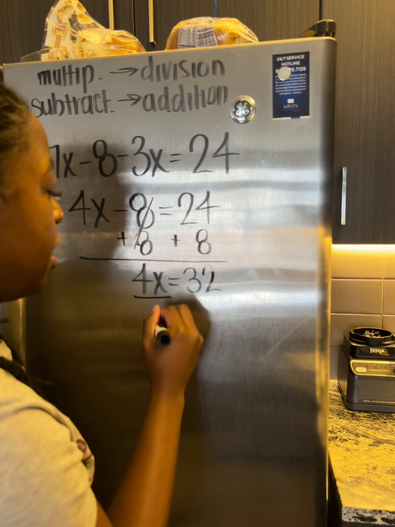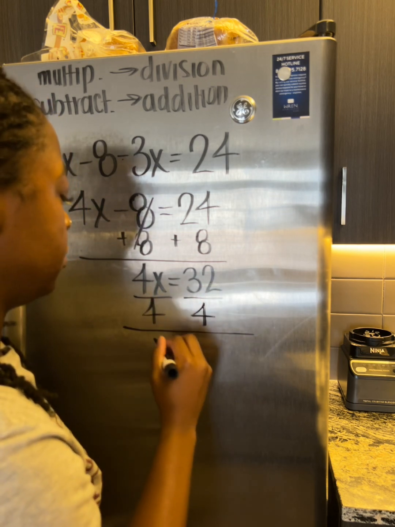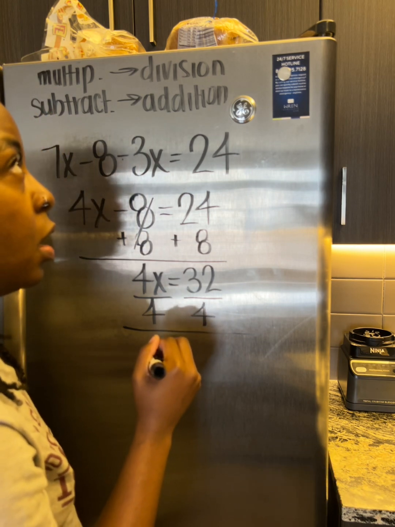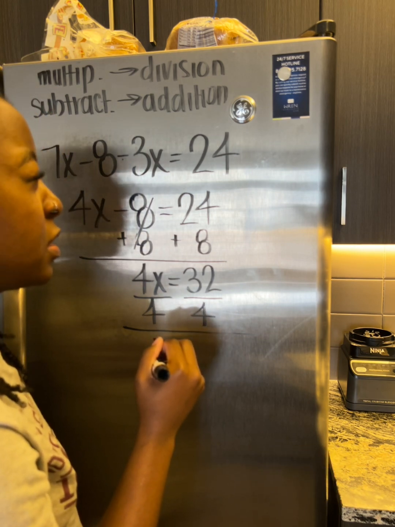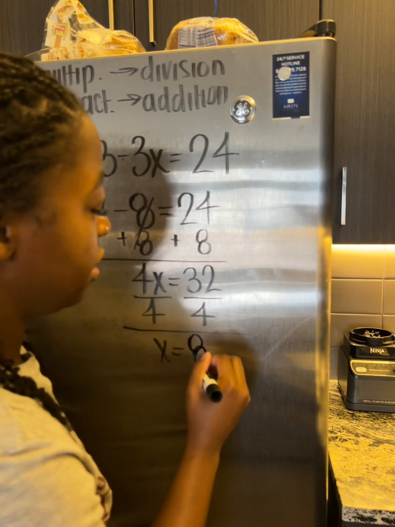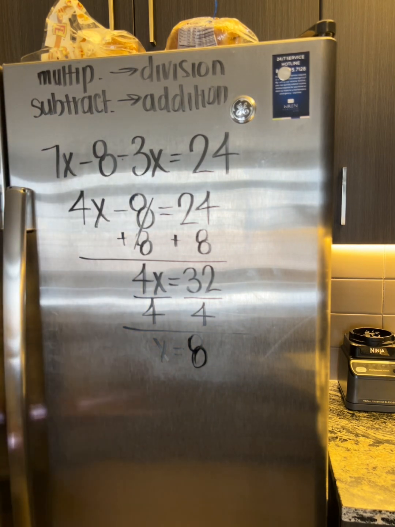And then I'm going to divide. And that leaves me with x equals, what is that? 5, 6, 7, 8. 8. I had to go through my multiplication tables. X equals 8. Just like that.